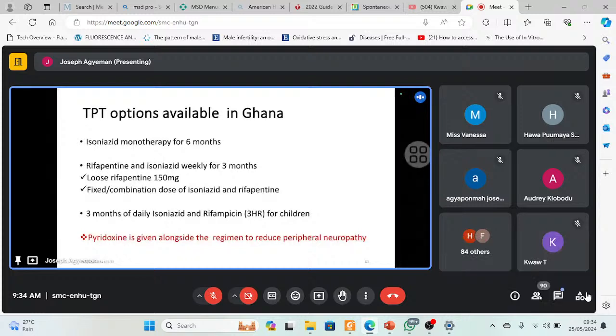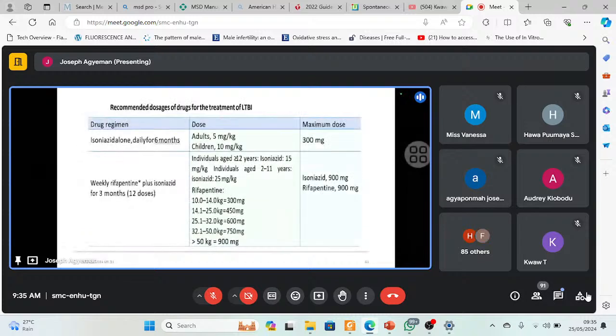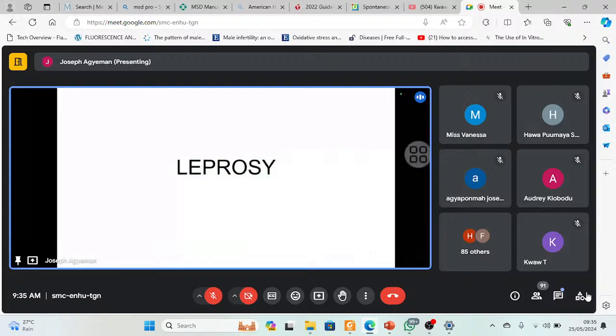For obvious reasons, pyridoxine is added because of the possible peripheral neuropathy that may be induced by the use of isoniazid. So this is the regimen, a combination of weekly rifampicin and isoniazid, and those days, isoniazid alone therapy for 6 months. Now, a brief look at leprosy.